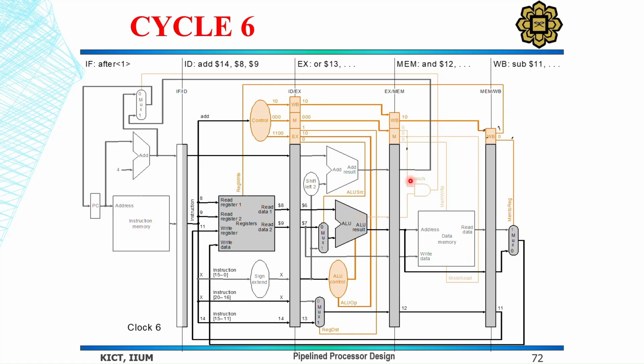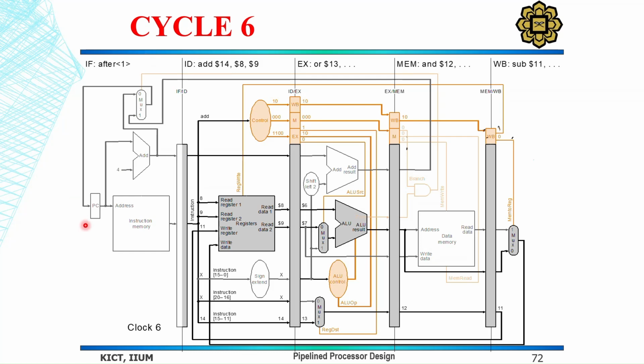In this cycle, we can see that the first instruction, the load word, is already completed, and the second instruction is at the final stage. This instruction is at the memory stage, the OR instruction is at the execute stage, and the add instruction is at the instruction decode stage.